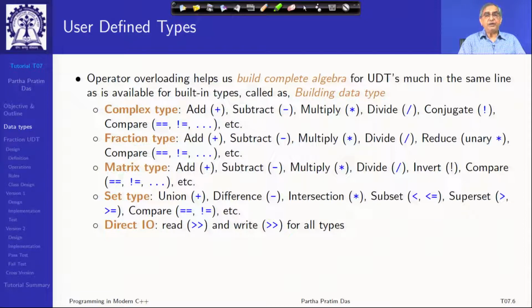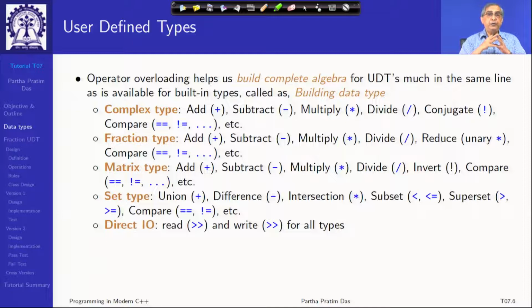There could be matrix types which deal with matrices, their addition, subtraction, inversion, square matrices, vectors and so on. There could be a set type for union, intersection, difference and so on. There could be several other types like a polynomial type, there could be a rectangle type.